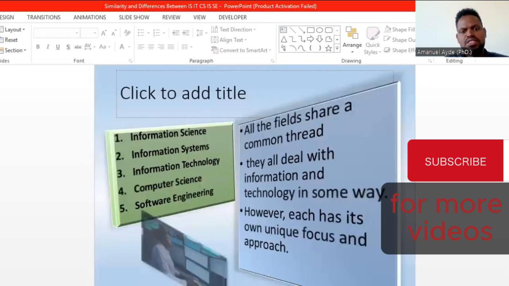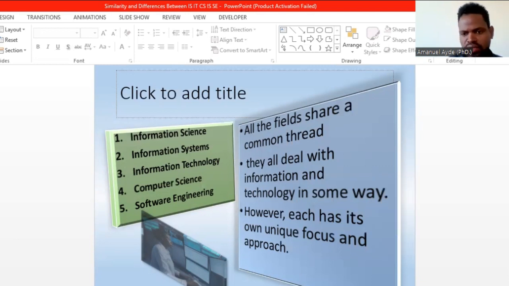Before talking about the differences, all the fields share something in common: they all deal with information and technology, whether it is computer science, information science, information technology, software engineering, or any computing subject area. Each also has its own difference.